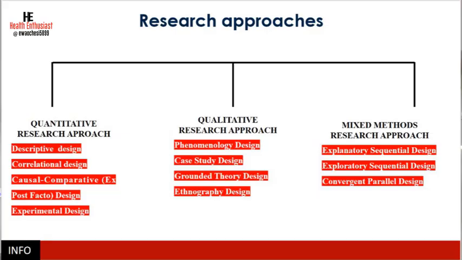Then we talk about the correlational design. It examines the relationship or association between two or more variables without manipulating them. Again, there is no manipulation of variables in correlational design. All you need to do is to examine the relationship or association between two or more variables, right? So you can talk about exploring the relationship between physical activity level and blood pressure.